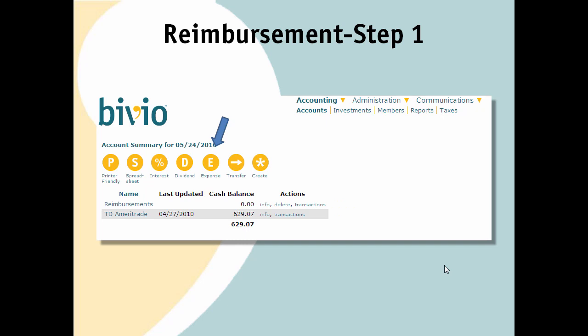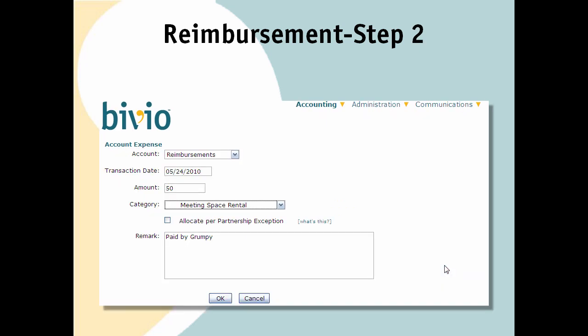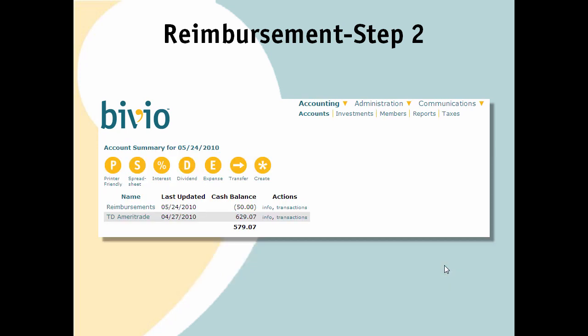Open the expense form using the Expense button. Record the expense as being paid from the Reimbursements account. After you enter this, you will see that there is a negative balance in the Reimbursements account. It will have a negative balance because it's an amount that has been removed from your club assets to pay the expense.